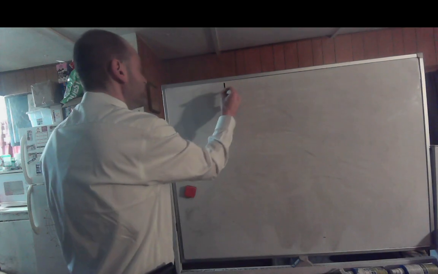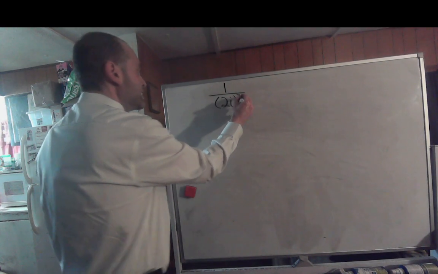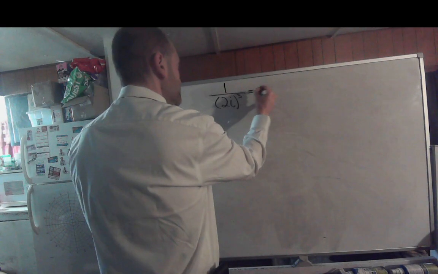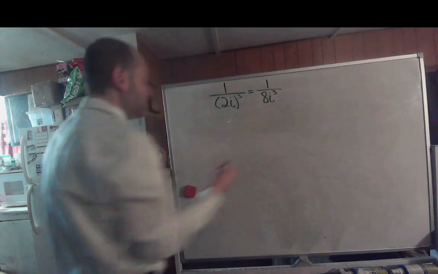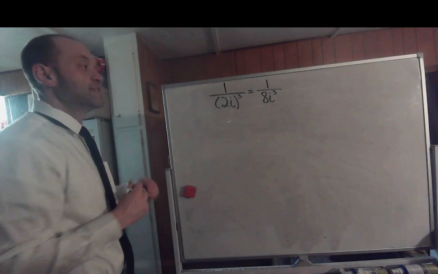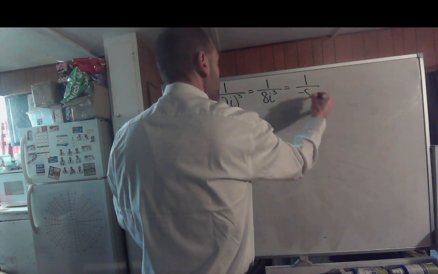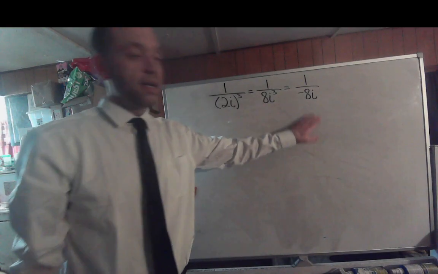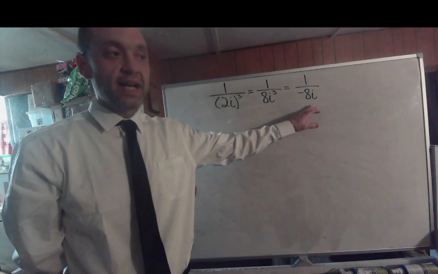All right. One more like it. We have 1 over 2i, that quantity raised to the 3rd power. Well, let's expand the denominator. This is the same as 1 over 8i to the 3rd. Well, what is i to the 3rd? That's the same as negative i, so this would be the same as 1 over negative 8i. Now, what is negative 8i in its full standard form of a complex number? That's 0 minus 8i.